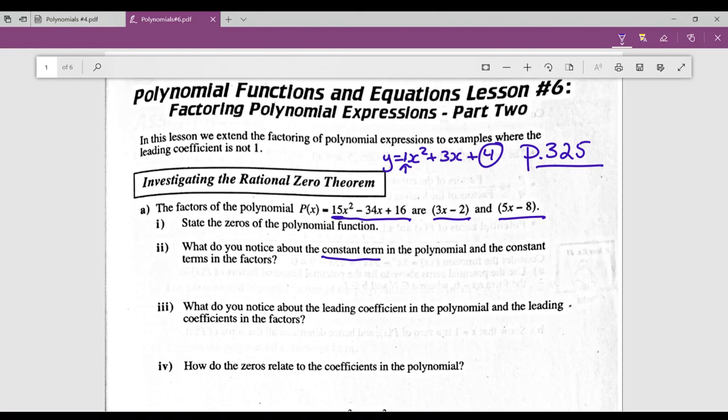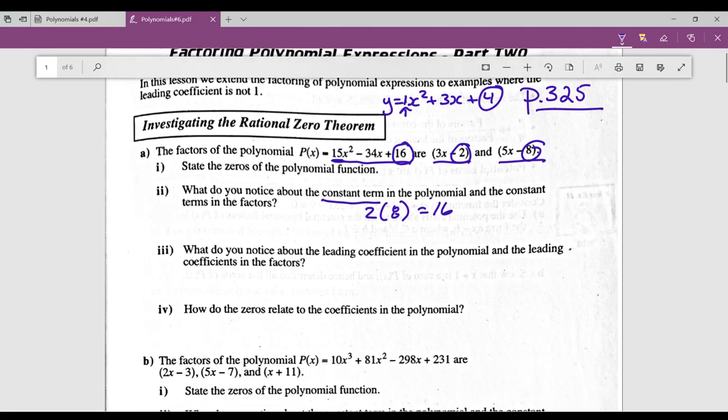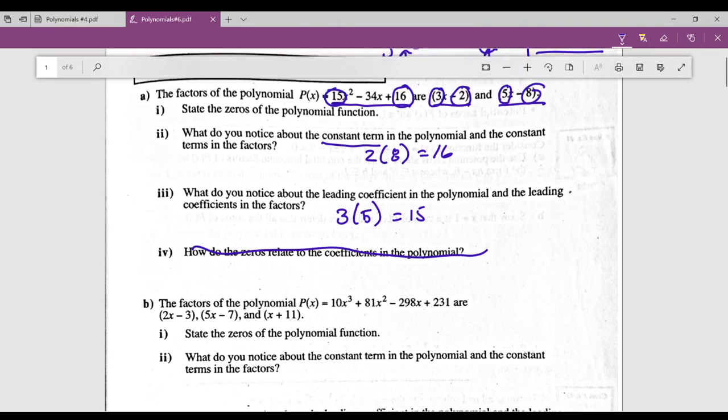If you look at the constant term, 16, and the constant term in each factor, 2 times 8 is equal to 16, which we kind of knew because in previous ones we only had to worry about that. But if you look at the leading coefficients of each term and the leading coefficient of the polynomial, 3 times 5 is equal to 15. Now, don't worry about that right now, we'll come to a conclusion in a bit.